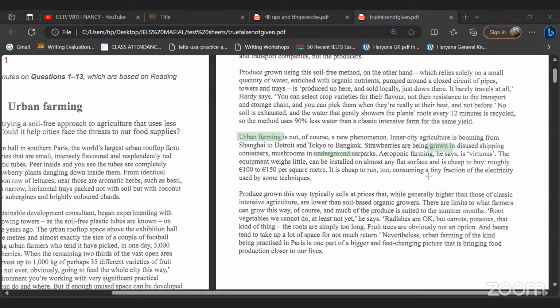It is cheap to run too, consuming a tiny fraction of the electricity used by some techniques. So I can see here they are talking about urban farming, and how it is being mushroomed underground also, below the ground, right, and above the ground also, in shipping containers above the ground. So according to this, the answer has to be true.